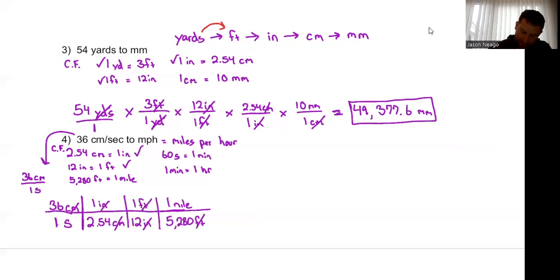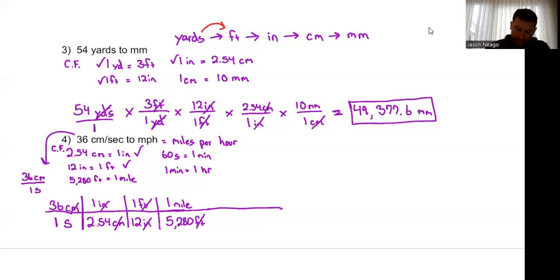So my feet cancel. If I were to stop my dimensional analysis now, my units would be miles, in the numerator and not canceled out, and seconds, in the denominator below the cancellation line, not canceled out. I don't want miles per second, I want miles per hour.